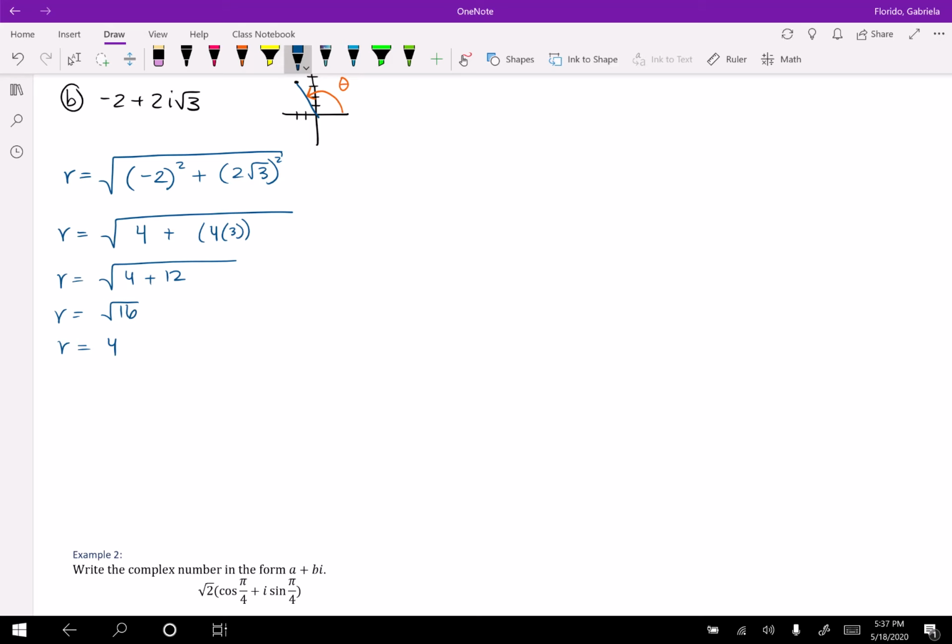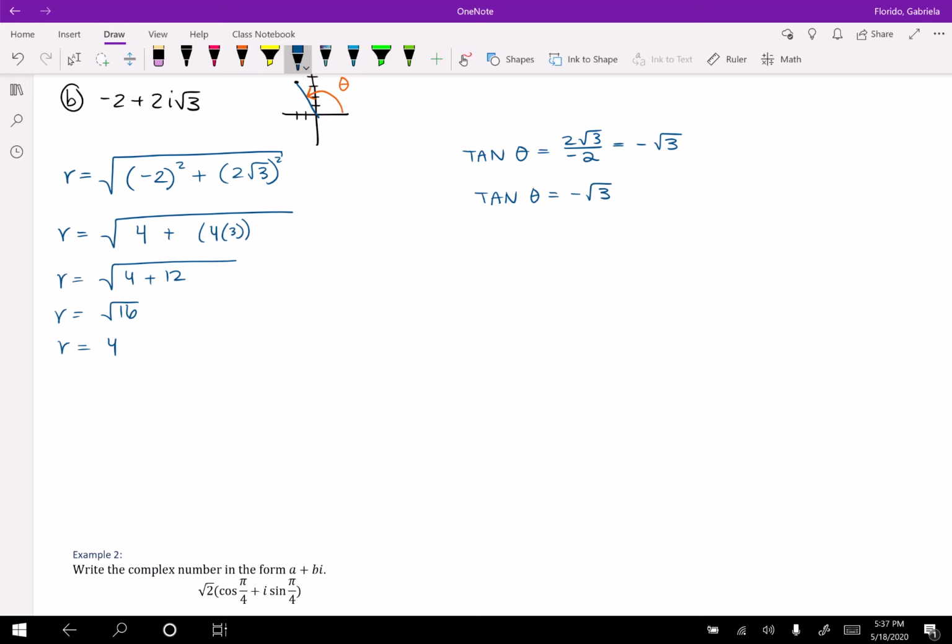So we could use, again, tangent of theta is equal to 2 square root of 3 all over -2, which is equal to negative square root of 3. And so again, here you can use tangent inverse, or you can just think about it as, what angle such that tangent of that angle is equal to negative square root of 3 in the second quadrant.